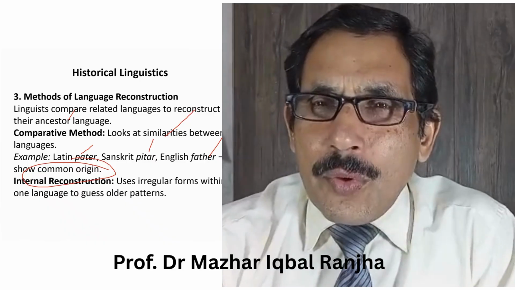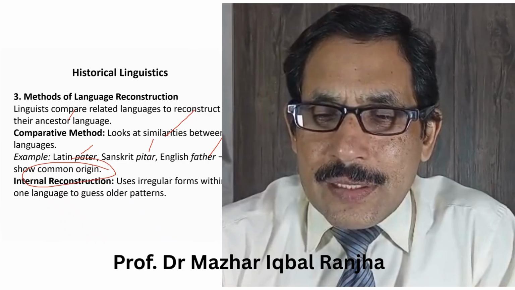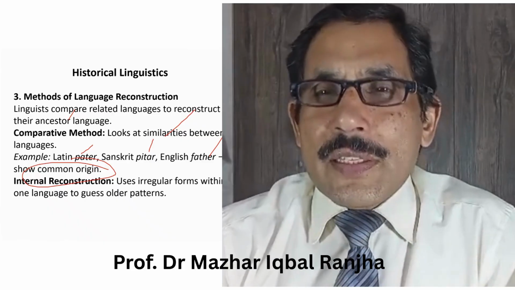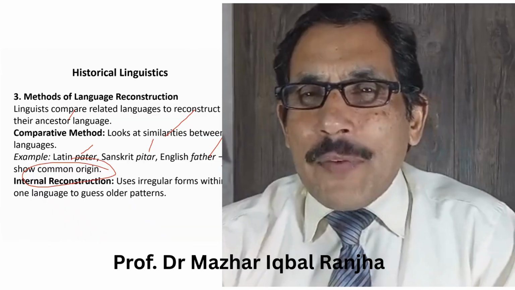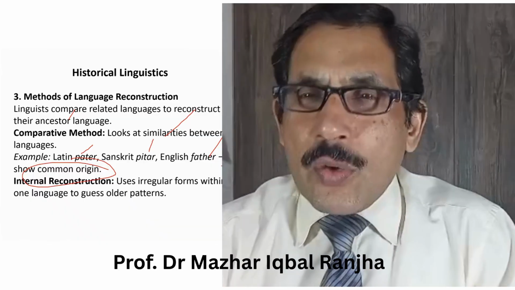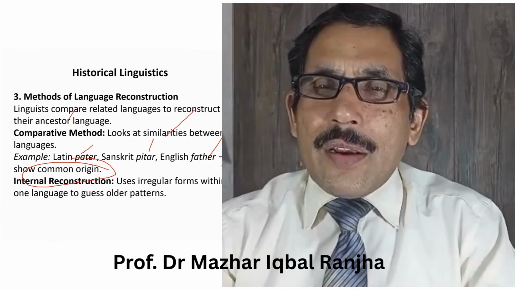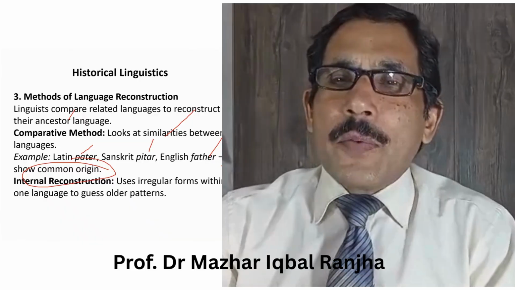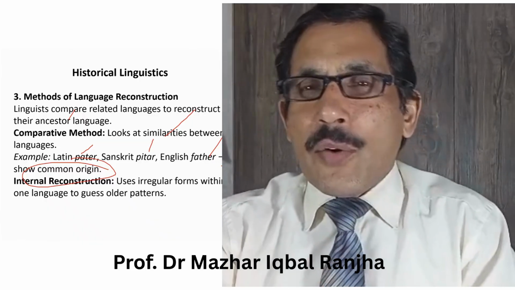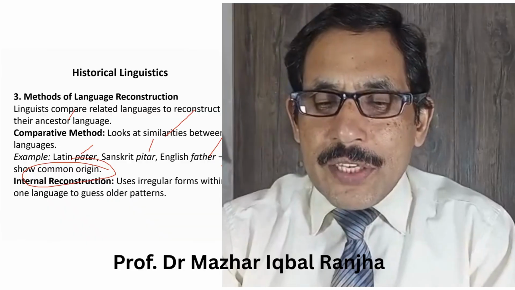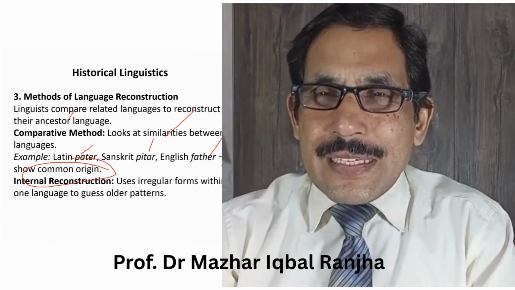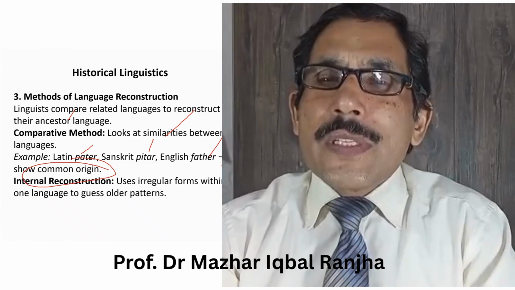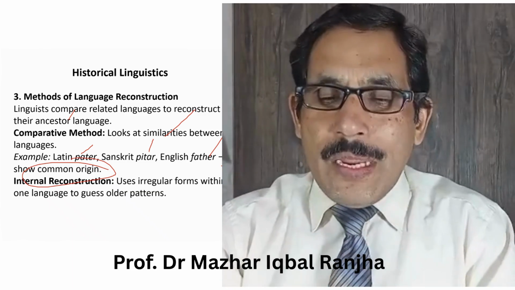Another method is internal reconstruction. In the first one, languages are compared with other ancestor languages or daughter languages, and the changes are traced according to those languages. The other is internal reconstruction. It means that the changes take place according to the rules and systems of the particular language.